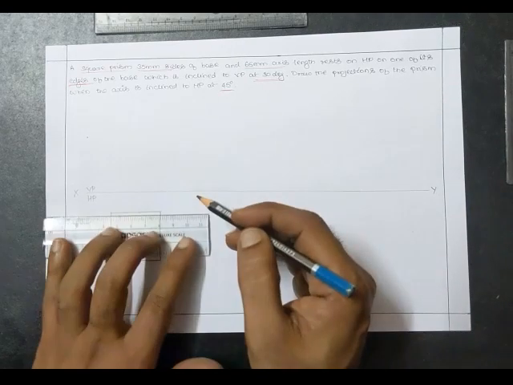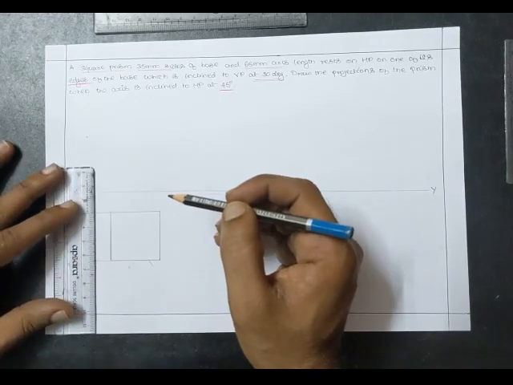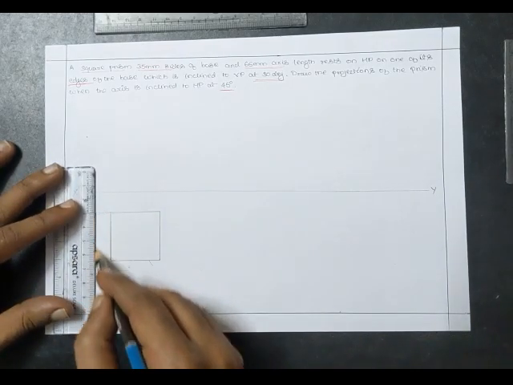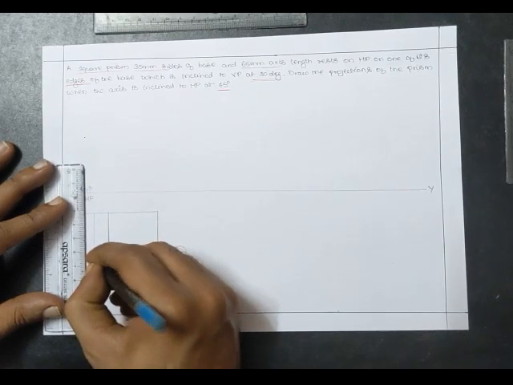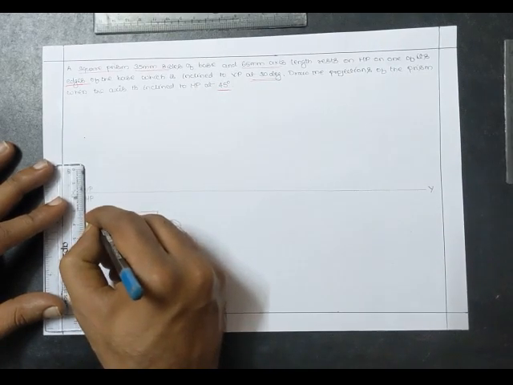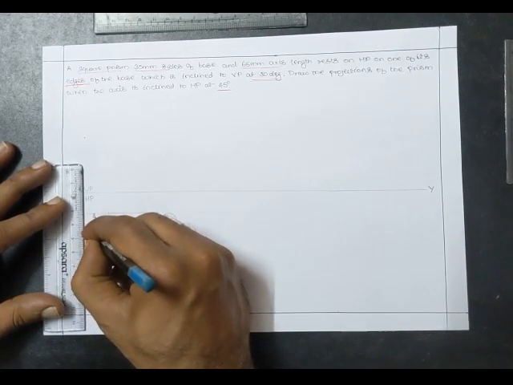I'm extending the edges so that I can draw the dimension. It is a square of 35.